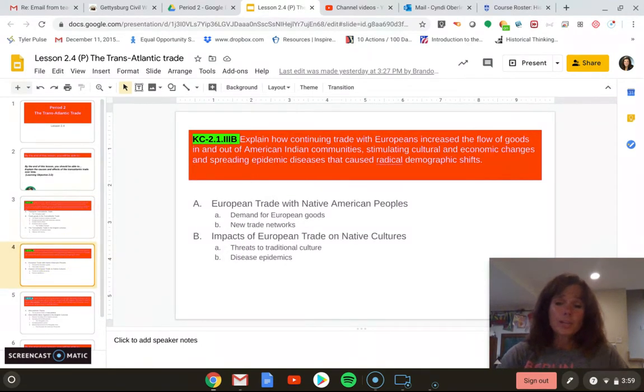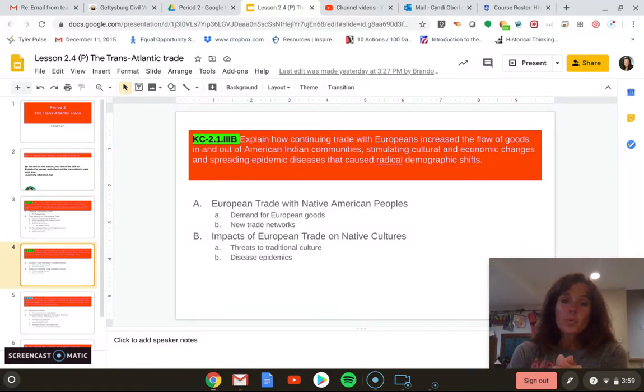The continuing trade does increase the flow of goods. Native peoples have a very high demand for European goods: European textiles, the clothing, the material, European weapons, firearms, swords, also items such as silverware, things like that were very important to the Native Americans.